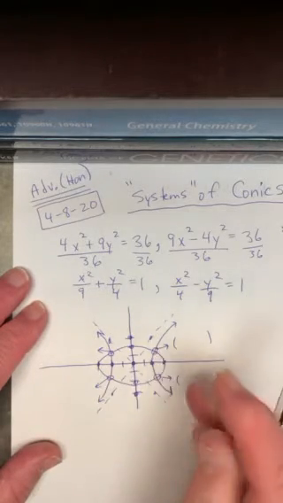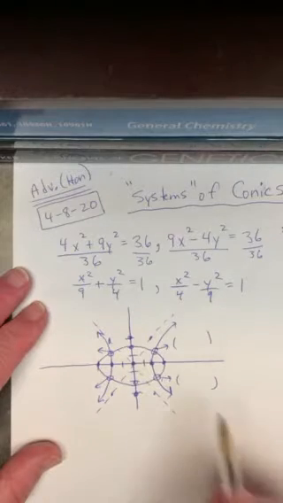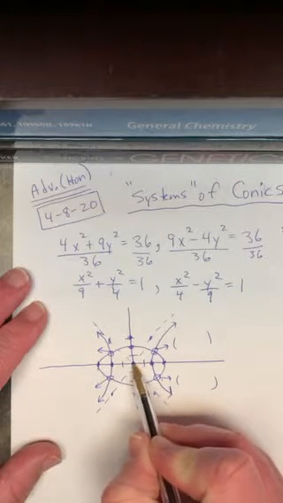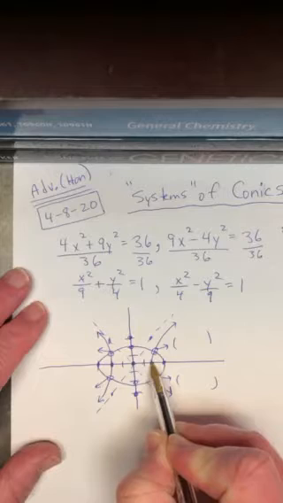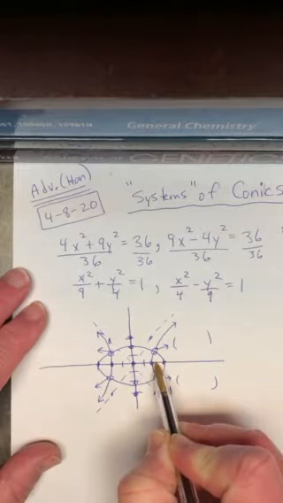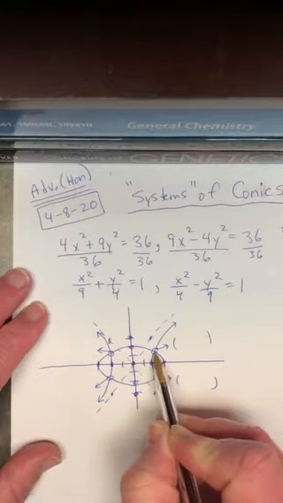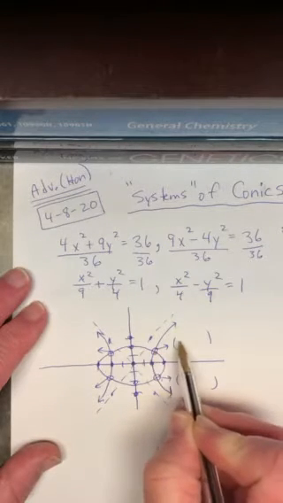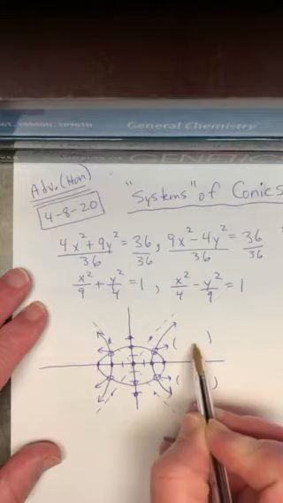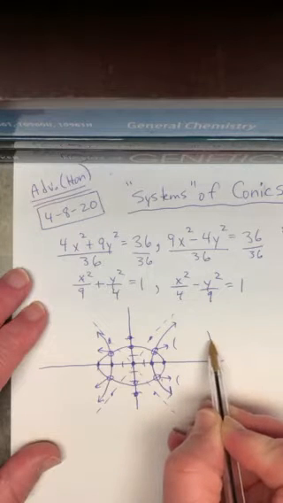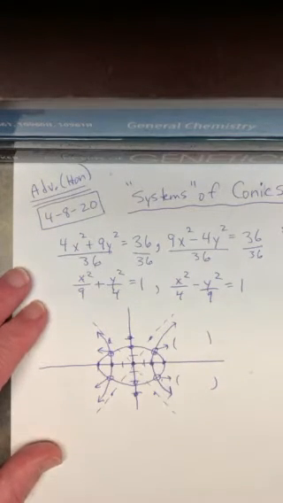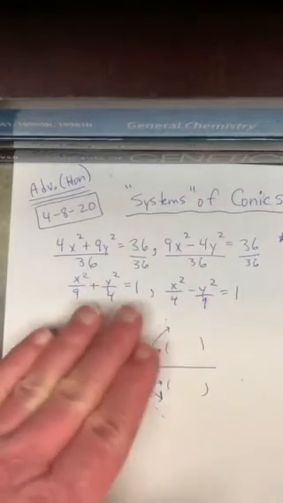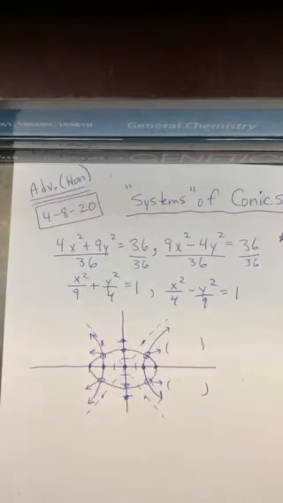If my picture is even remotely accurate, it certainly looks like they intersect right 2 and then just a little bit past 2 and up probably 1 or a little bit past 1. So if I had to guess, it would be 2 point something, comma, 1 point something. But guessing, of course, isn't good enough. What would we do to figure out where these two conic sections intersect?